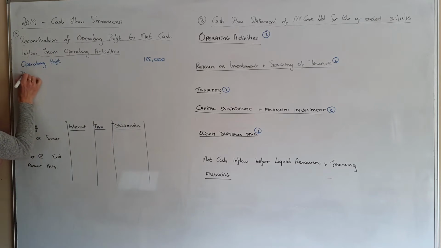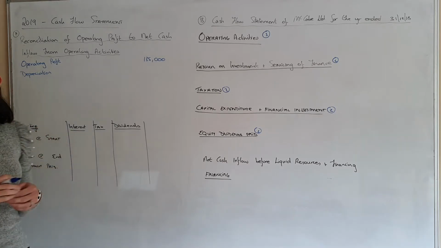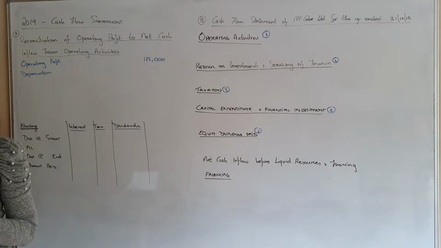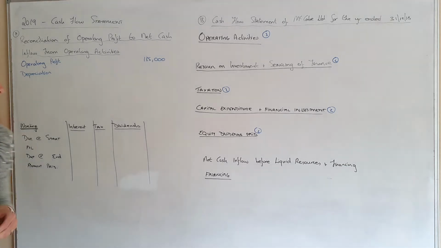You want to calculate the depreciation that took place in the year that we're doing, which is 2018. Now if you look at your balance sheet, in 2017 there was 55,000 euros worth of depreciation, and in 2018 there was 70,000 euros worth of depreciation. So that's a difference of 15,000.